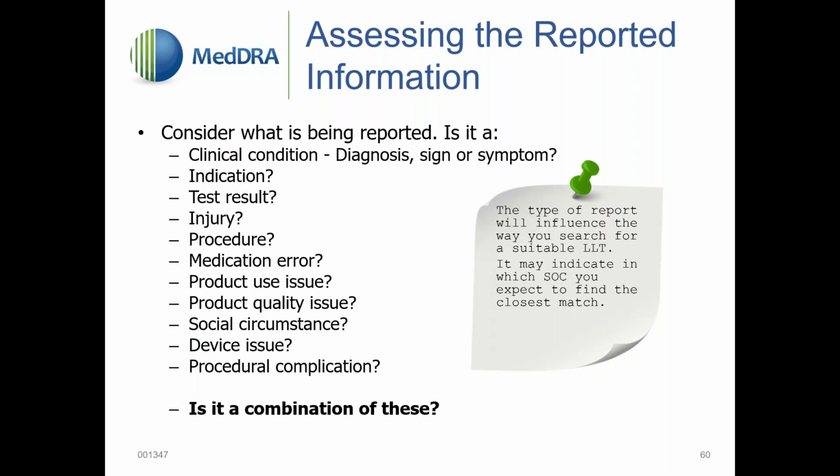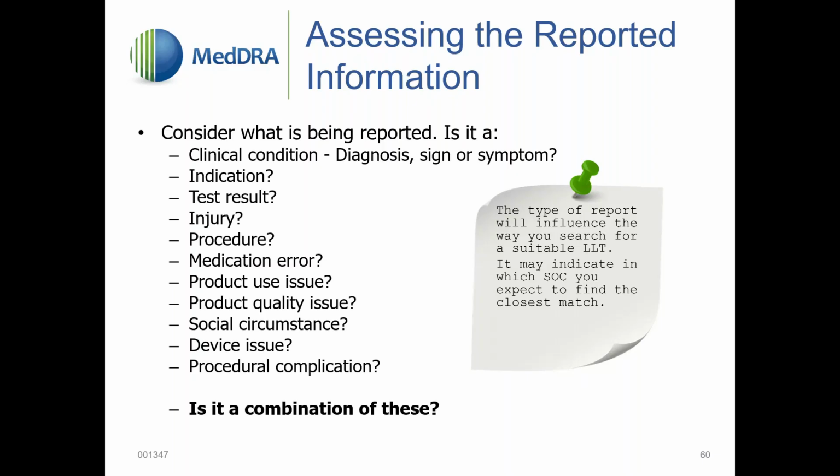If reported by healthcare professionals and in medical language, what you often have in clinical studies, your search can be more focused and finding a suitable MedDRA term will be straightforward. If it is a consumer report, the verbatim may be vague, and these you get in pharmacovigilance, and it may not be as easy to classify.